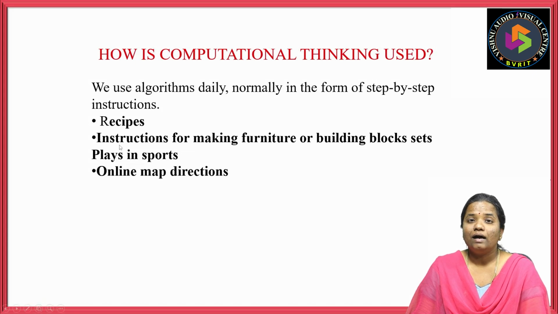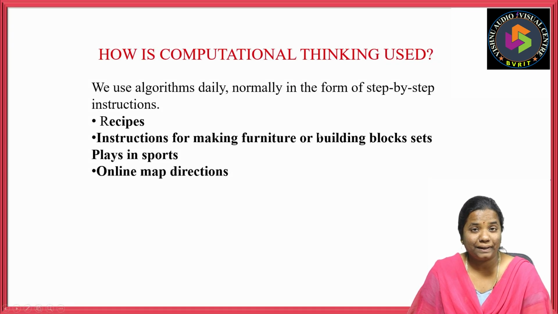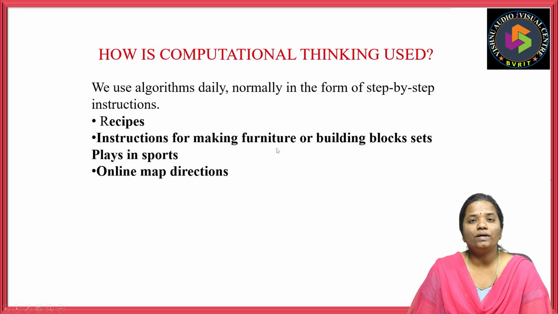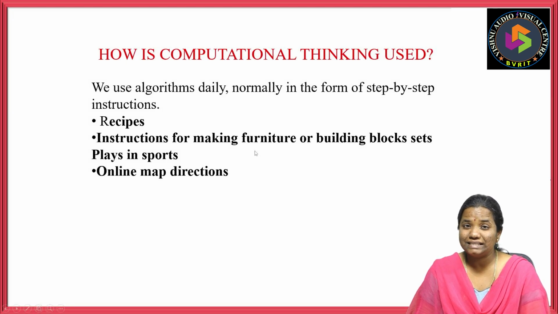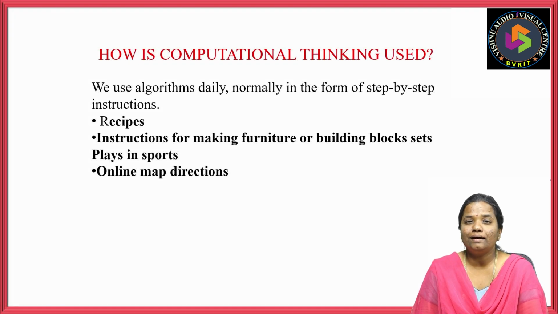Like that, giving instructions before going to play any game. Here I have taken the example of building blocks, setting up a game, how we build our blocks to get a better design, and online map directions. So these are all better examples of algorithmic thinking.